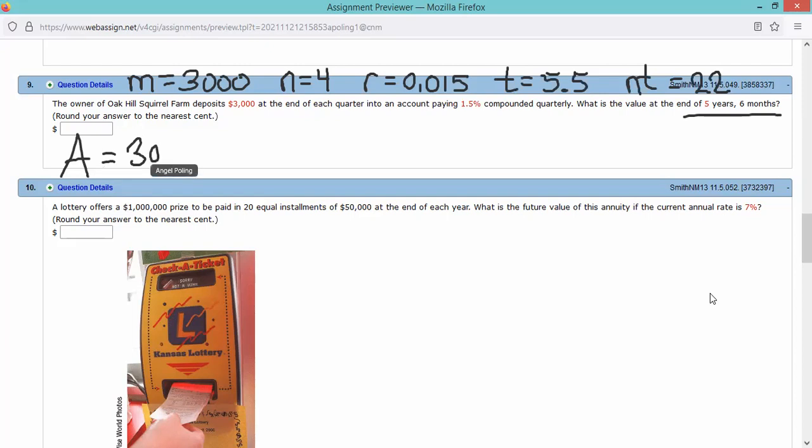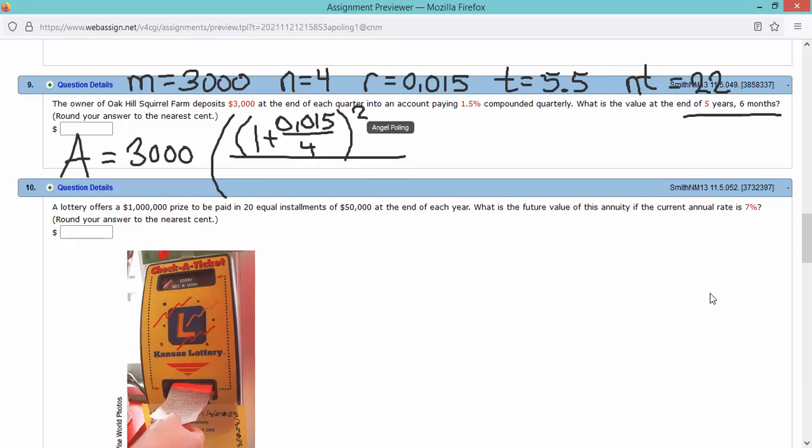And then we enter this into the calculator. 3,000 times 1 plus R over N raised to the NT, take away 1, divide by 0.015 itself divided by N. And then we enter this into the calculator.